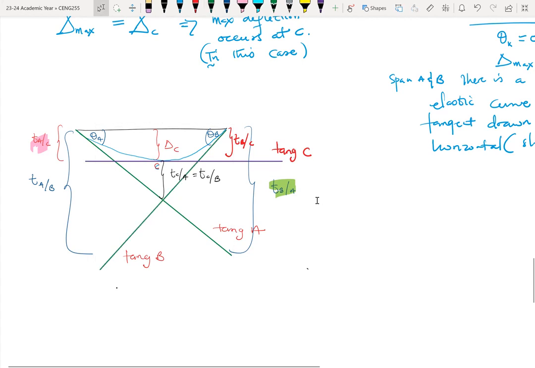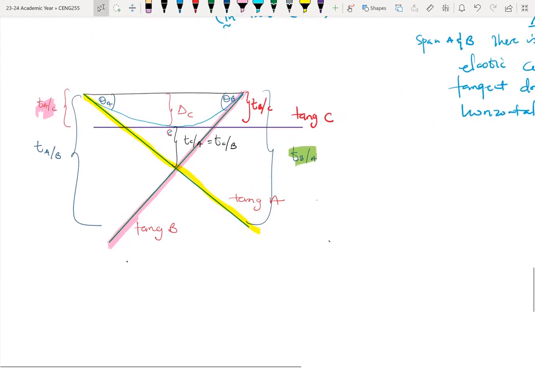So the tangent drawn from A is shown in the yellow highlight. The tangent drawn from B is shown in this other highlight. Okay, it changes depending on which direction we are looking at. Okay, great. So the tangents, all right.